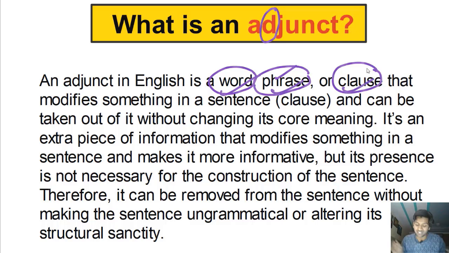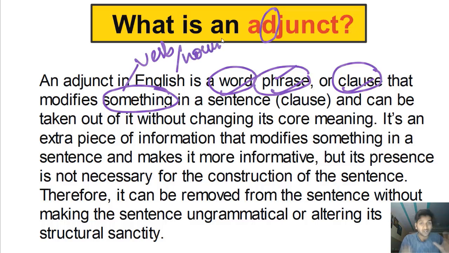Now what is that something? It generally modifies a verb, but that can be a noun as well. So it generally functions as an adverb, but it can also function as an adjective. Most of the time, it functions as an adverb, but it can also function as an adjective. Now, what is an adjunct?